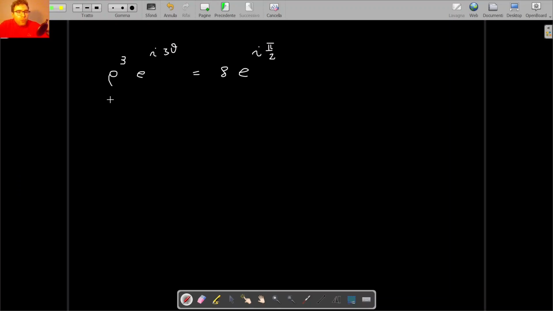Perfect. Now we have to equate the moduli, and we have that rho cubed is equal to 8, which means that rho is equal to the third root of 8, which is equal to 2.